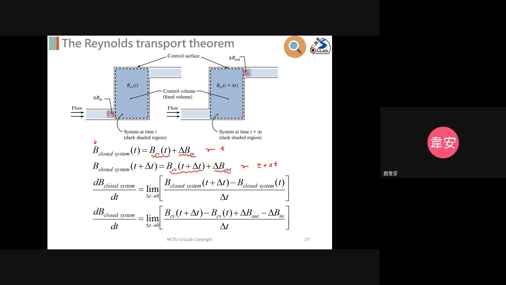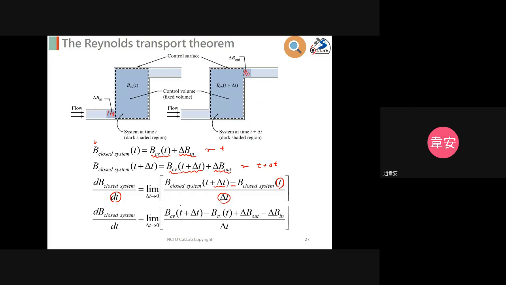So we compute dB closed system dt. We take the B closed system at T plus delta T minus the closed system at time T, and divide by delta T. We expand the formula showing here.